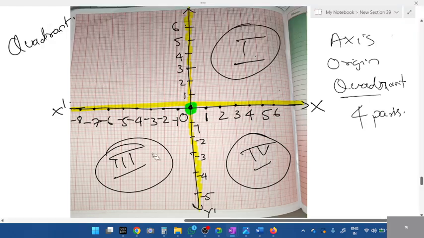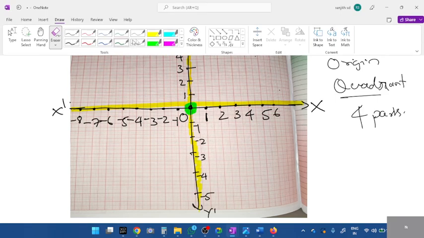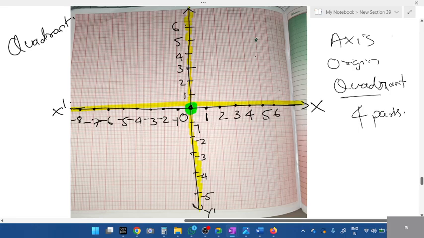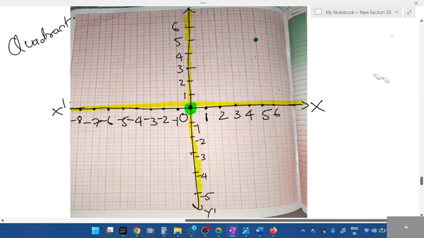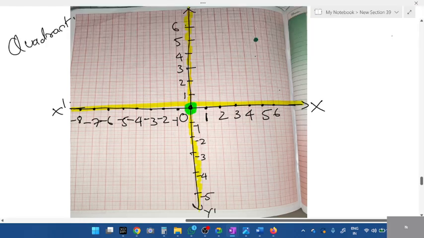Now let me plot a point. See, if I plot a point here, P. Where is this point, students? Did I plot it on the axis, origin, or quadrant? Where is this point A?